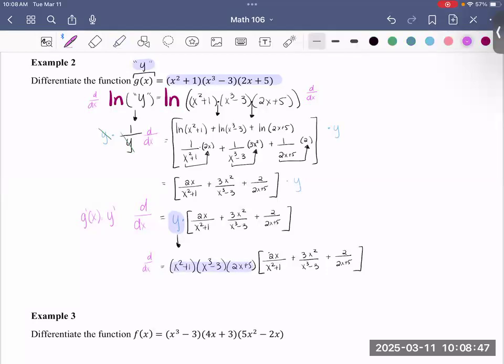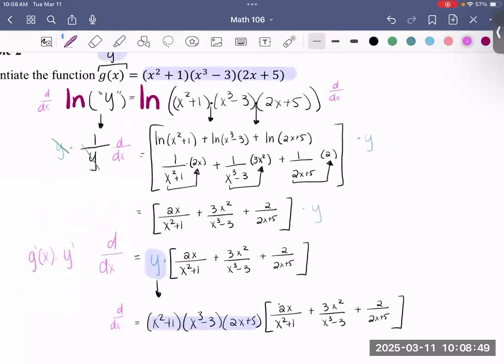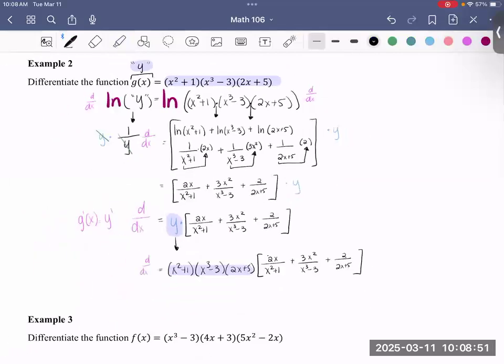So to recap, I'm going to do a step-by-step process. Step number 1 is to take the ln of both sides. Step number 2 is to derive both sides using properties of ln.